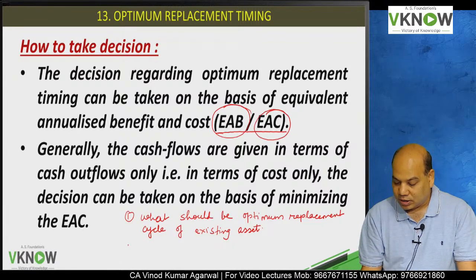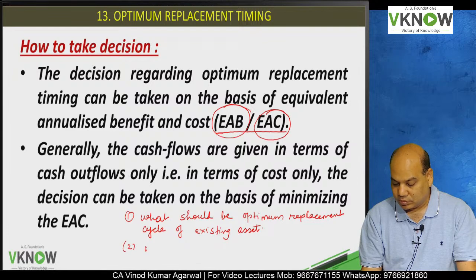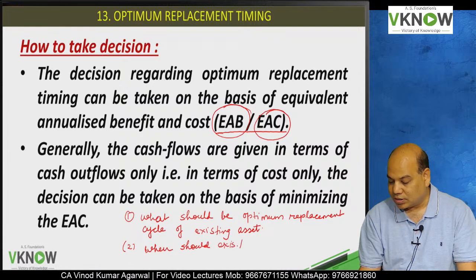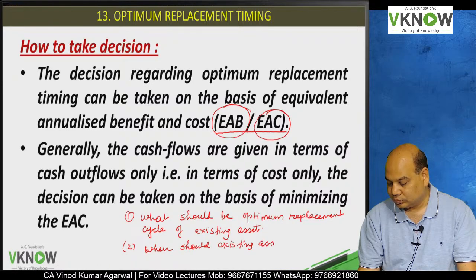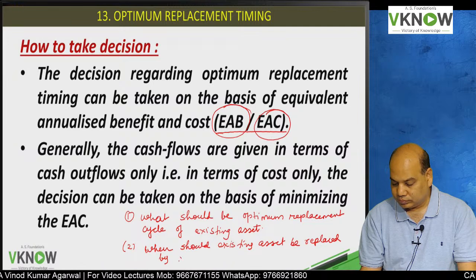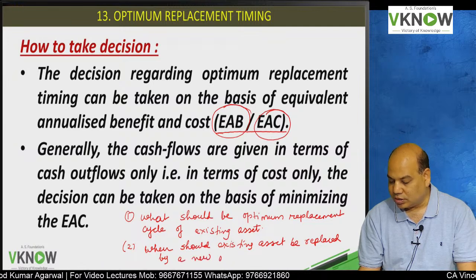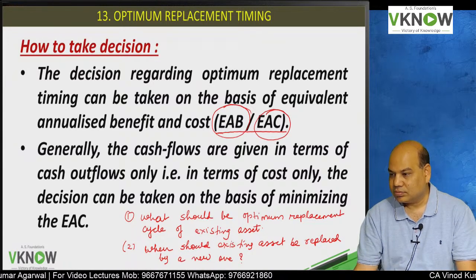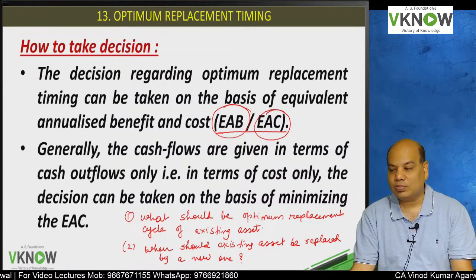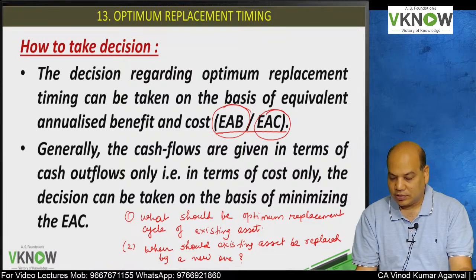And the second type of question will be, when should an existing asset be replaced by a new one? This is another type of question. An old asset is there.